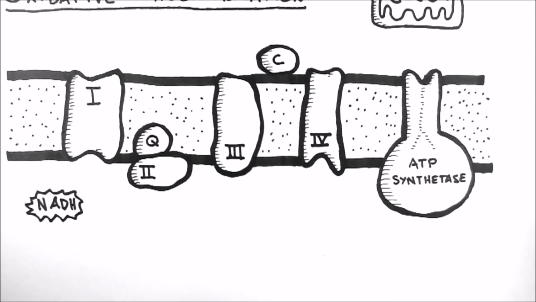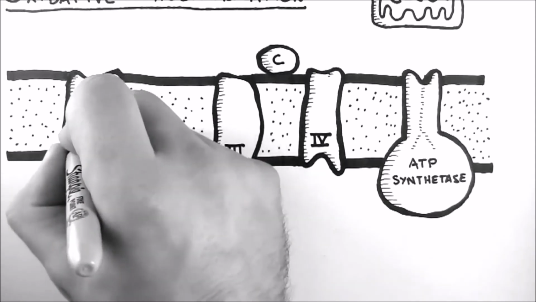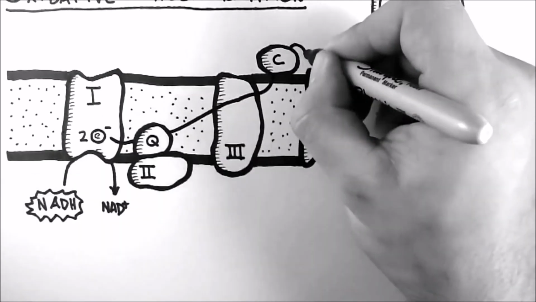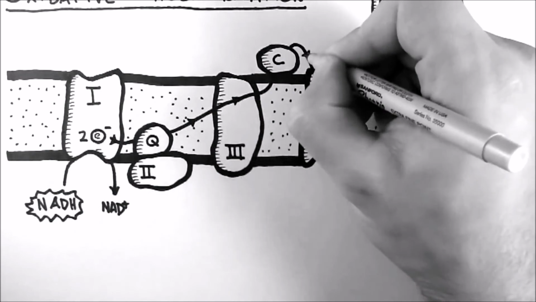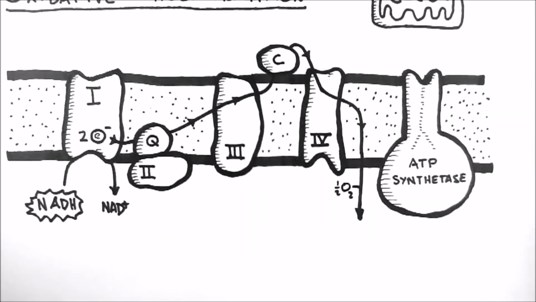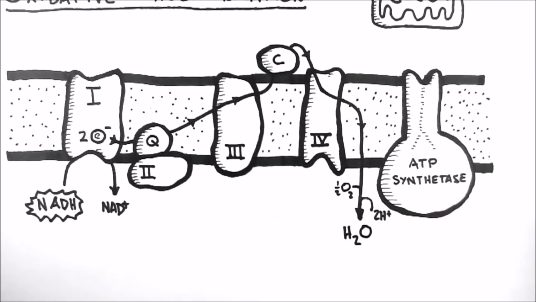This NADH is oxidized to NAD+ and donates 2 electrons to the electron transport chain. These 2 electrons get passed between the complexes like this, and are finally accepted by oxygen, and with a couple of protons, this produces water.